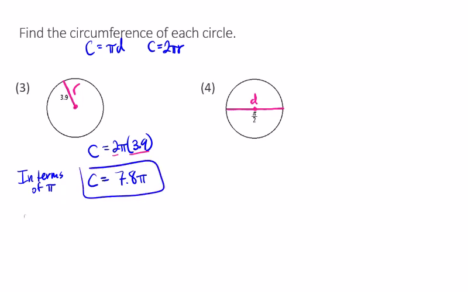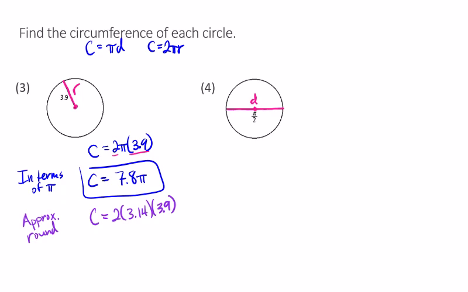If it said approximate or round to the nearest, then what I would do is plug in 3.14 for pi, right? So in that case, I would do 3.14. Let me write it down here. And sometimes it'll tell you what to approximate.